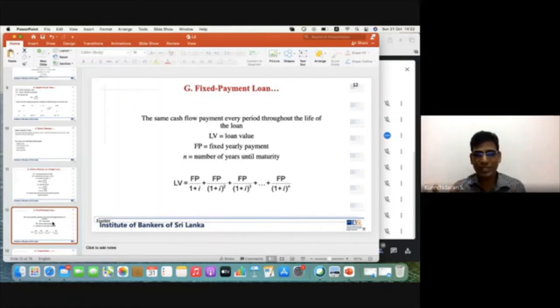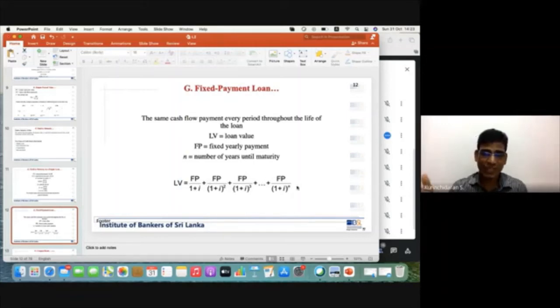Now you are clear on the discounting, right? Any cash flow, if you discount with that interest rate, you will get the present value. So LV means loan value, FP means fixed yearly payment, and N is the number of years until maturity. Here, this is the first year and second year and third year, and continuously for the nth year.